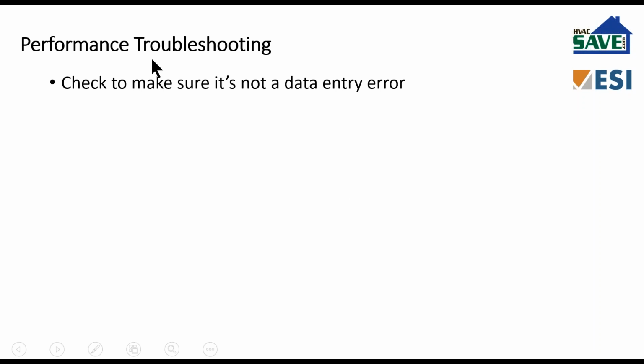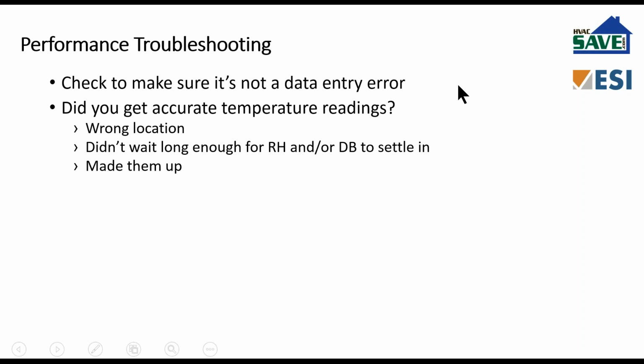Troubleshooting. What if I cannot get a passing score? What do I do? Number one, please check to make sure it's not a data entry error. Happens more often than you might believe. Number two, did you get accurate temperature readings? Happens more often than you might believe. Took them in the wrong location.